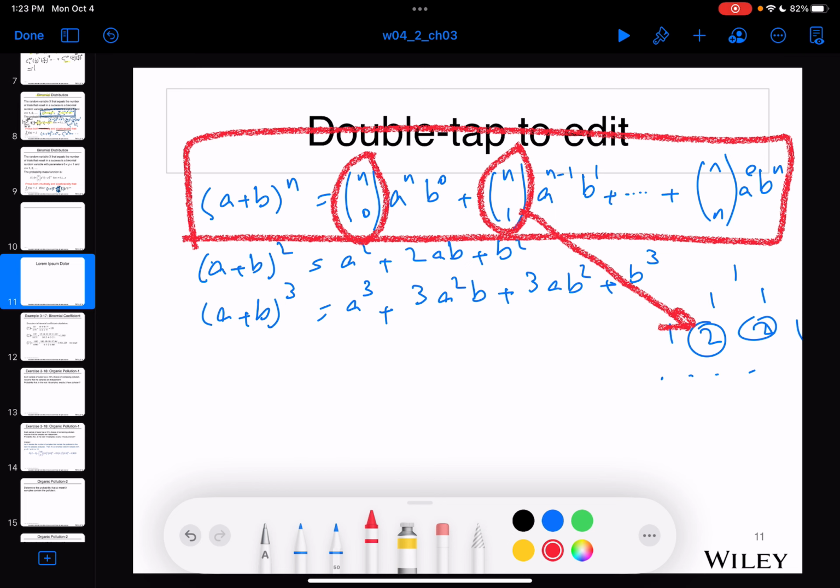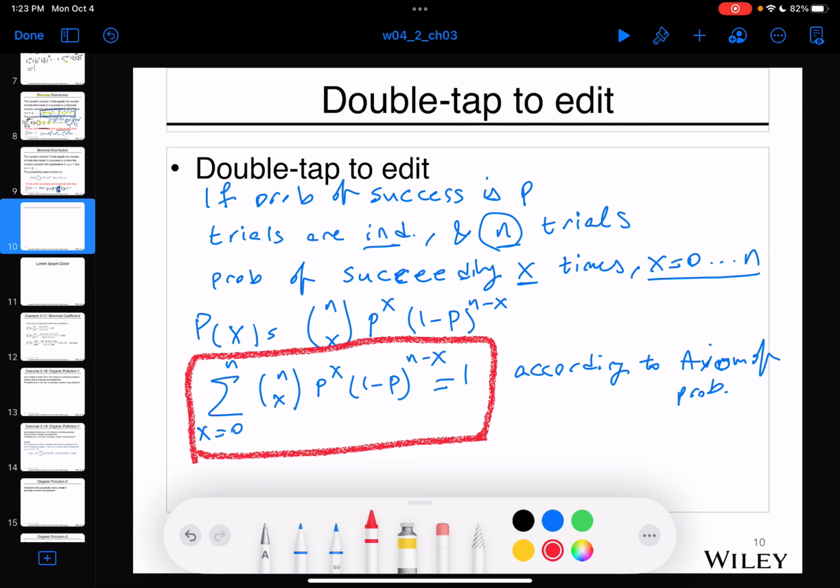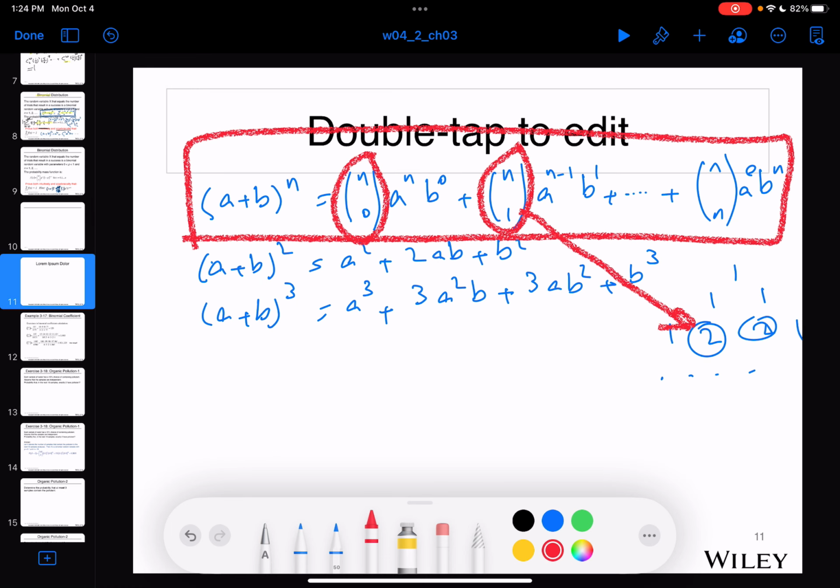So knowing this equation that I put in a box, we want to show that this sum is equal to 1. I will show you the proof because it's not really part of our course, right? So basically it's a trick.